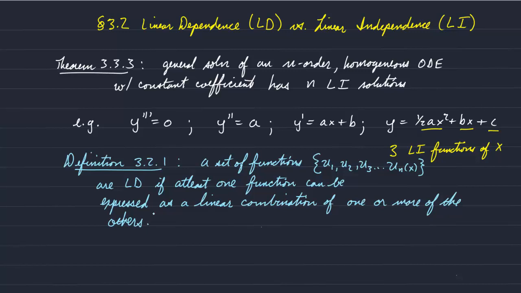As an example, we could have the set of functions defined by u1 equals, say, x squared plus 1, u2 is 2x squared, u3 is 4, and u4 is, say, x to the 4th.